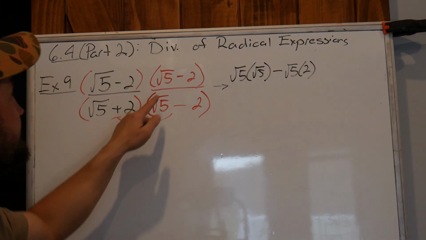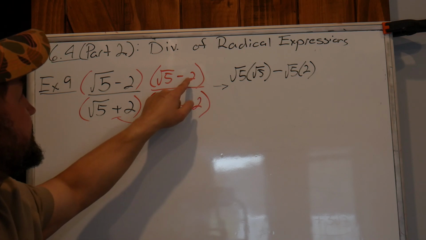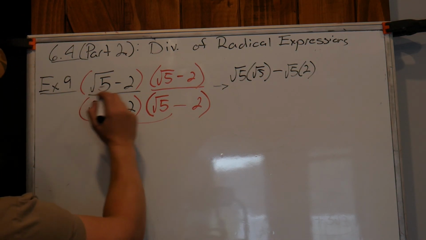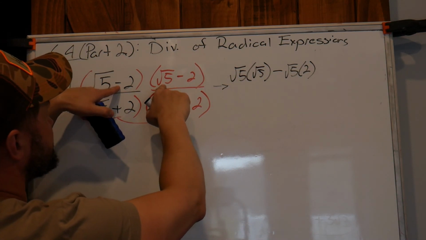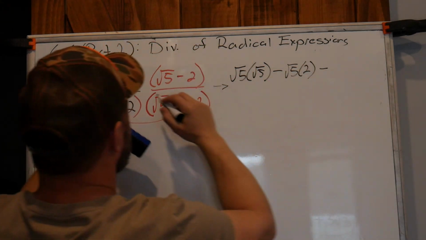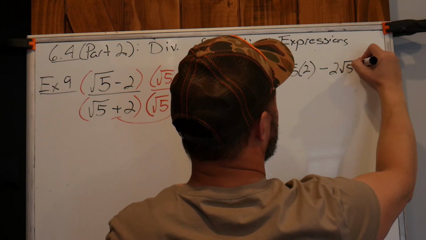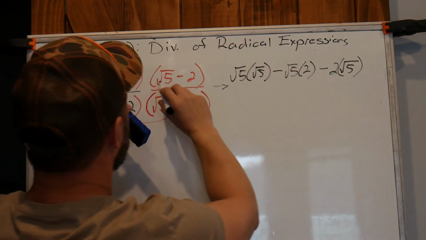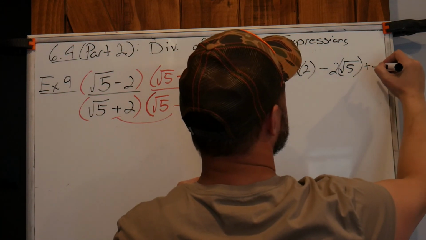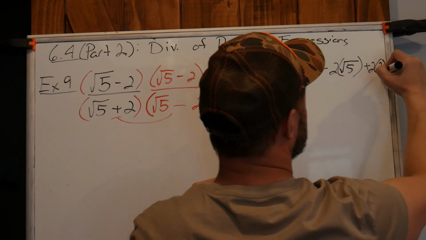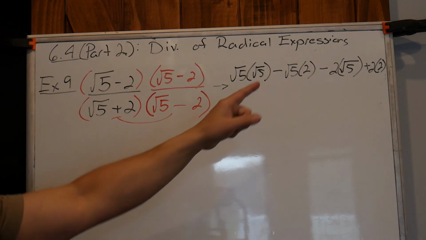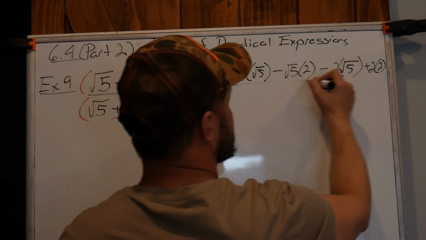There you can see my square root of 5 in parentheses, 2 in parentheses, positive times a negative. Here, positive times a negative. So I'm going to have negative 2 times square root of 5. And then a negative times a negative is a positive, and I'll still do that. Even this 2 times 2 is 4. There's expanded on the top.